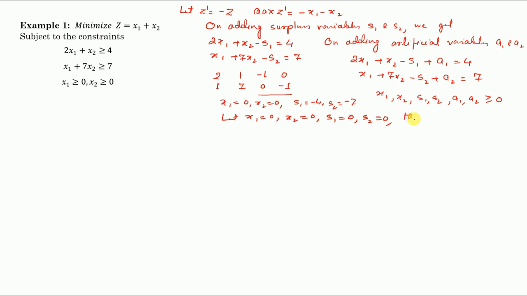Then we will get a1 = 4 and a2 = 7. So here you will see the part of matrix corresponding to a1, a2 will be unit matrix, because this is plus 1, this is plus 1. Now you can say this is the initial basic feasible solution.